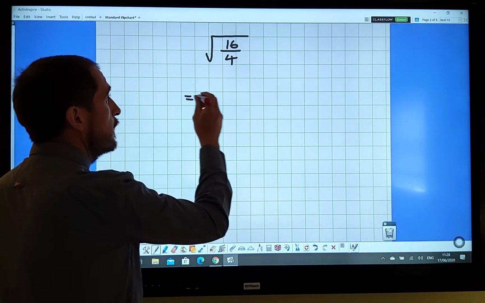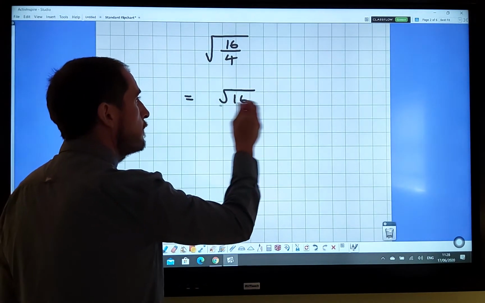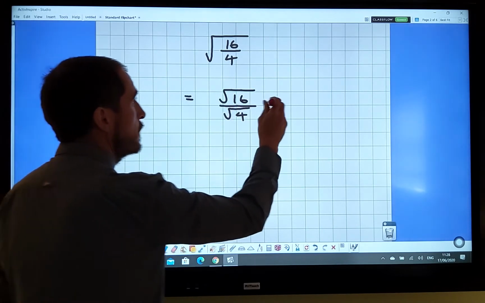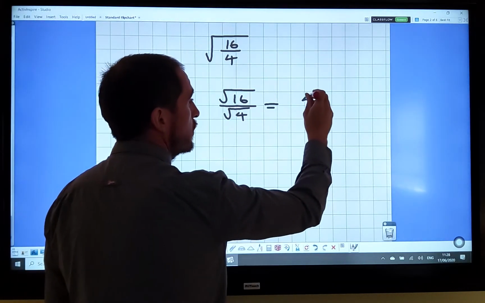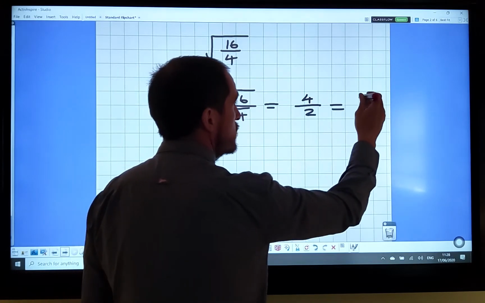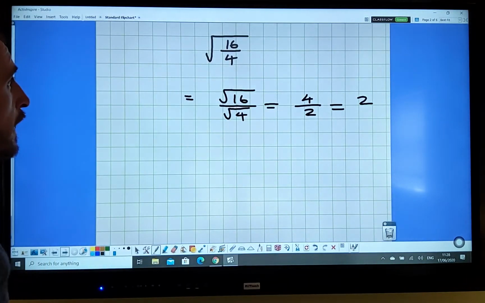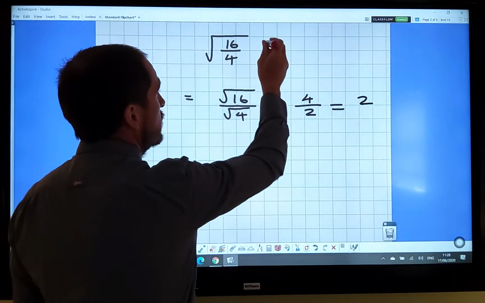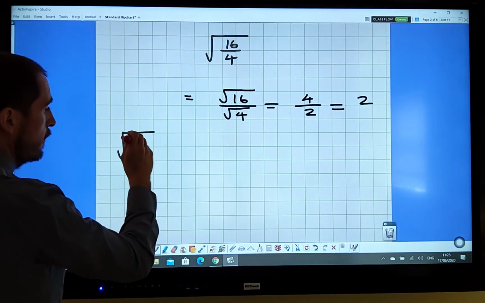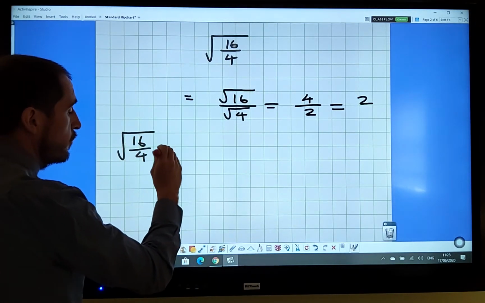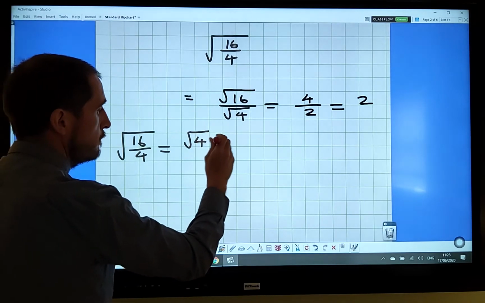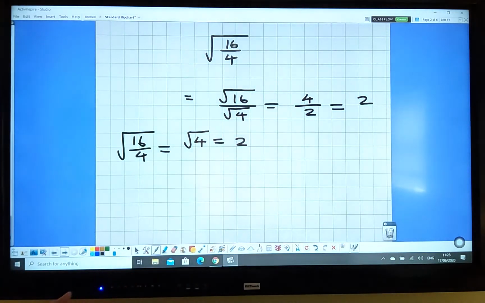That can be written as the square root of 16 all over the square root of 4, which is equal to 4 over 2, which is 2. Another way of writing this: the square root of 16 over 4, 16 divided by 4 is 4, so the square root of 4 equals 2. So they're the same thing.